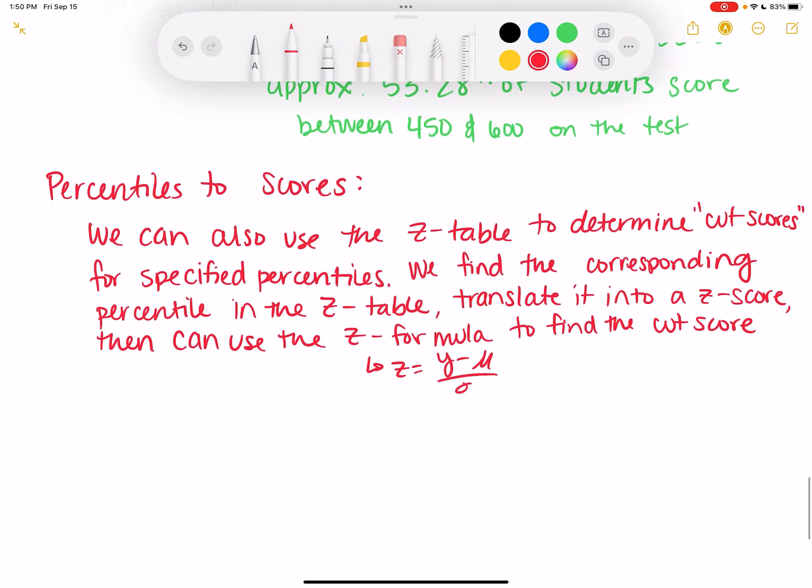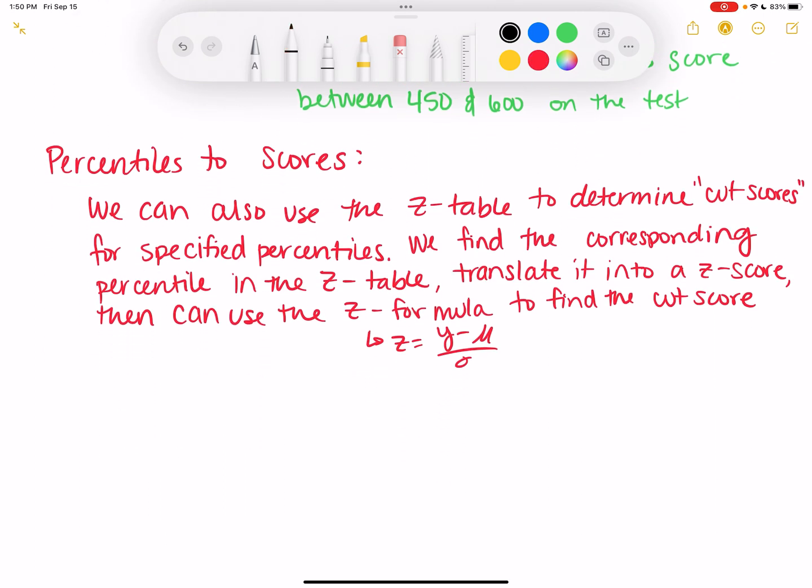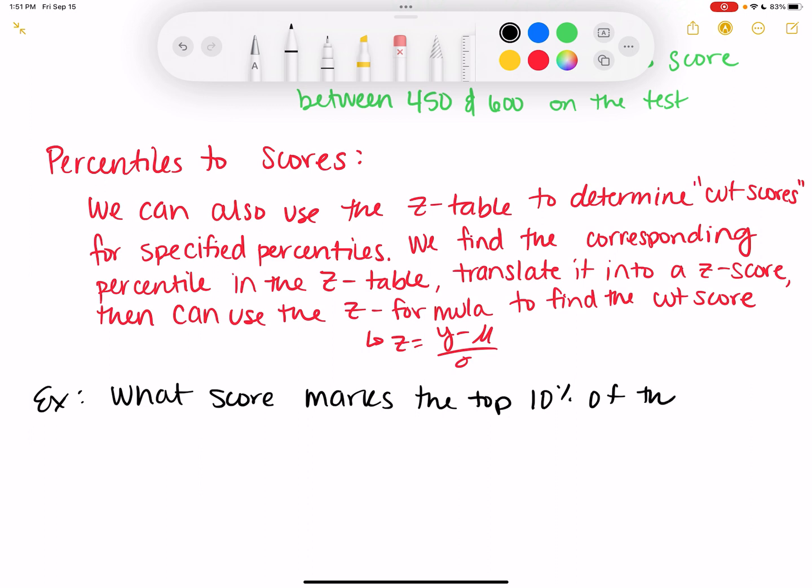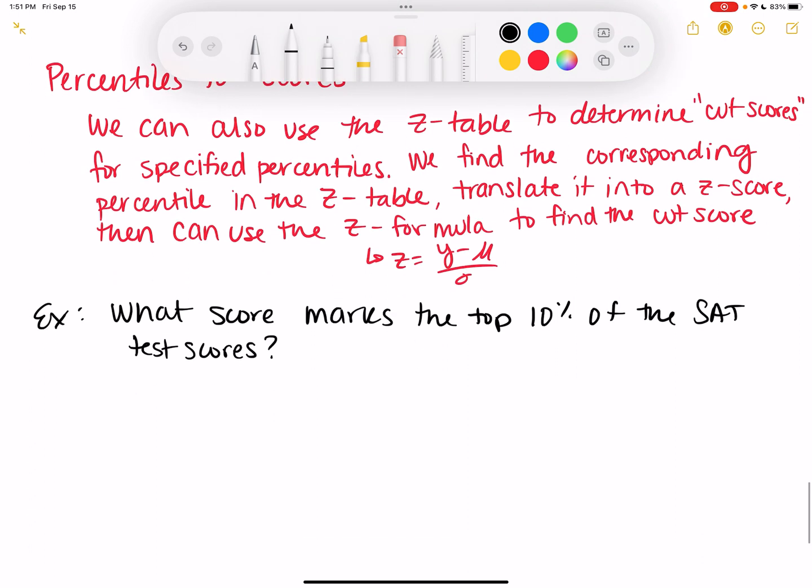So to keep with kind of the SAT example, what score marks the top 10% of the SAT test scores? So again, they don't give you these graphs, but just for reference.